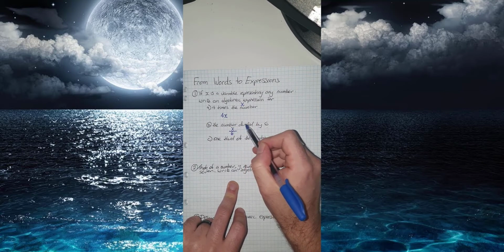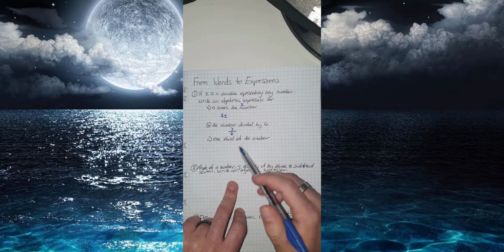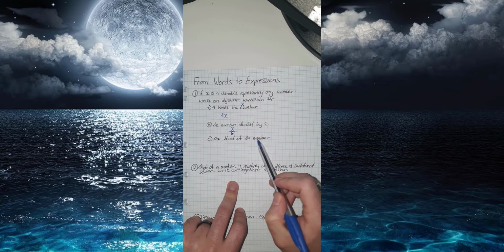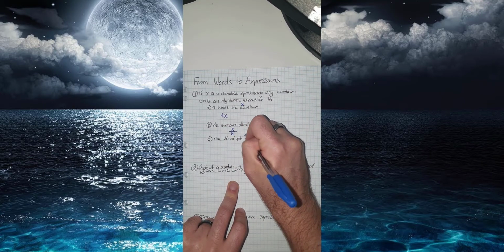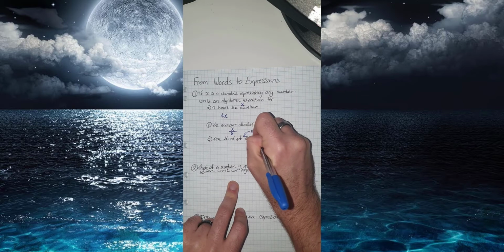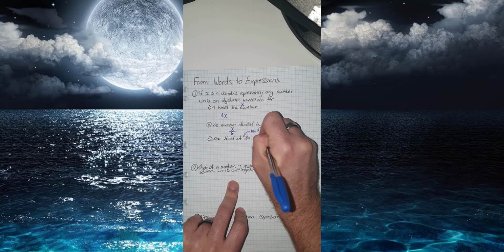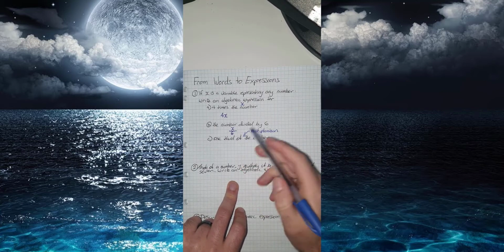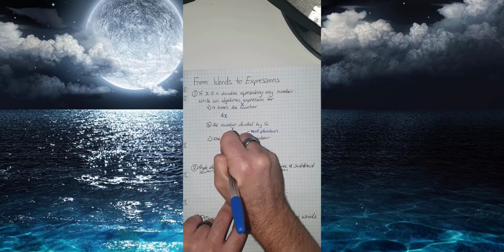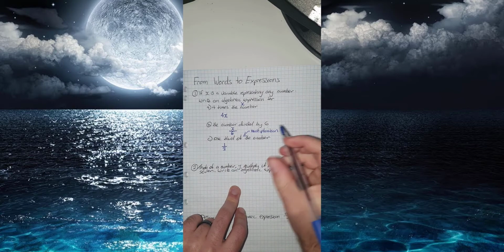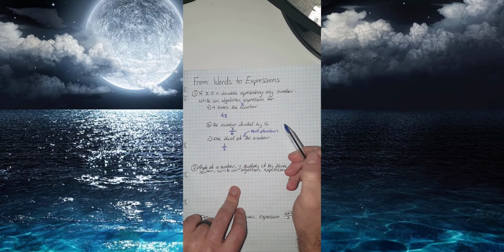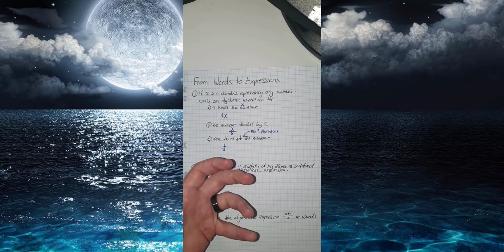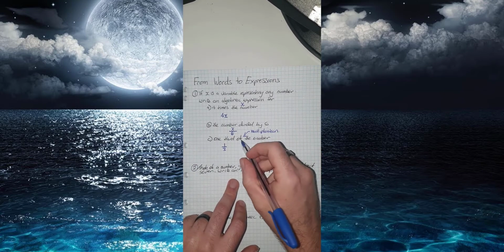X divided by 6. Now 1/3 of the number. Now of the number actually means multiplication. Okay, always good to remember. So 1/3, so that's a fraction. Now 1/3 of the, so multiplication, now we know multiplication, we don't need to write the sign of the number.